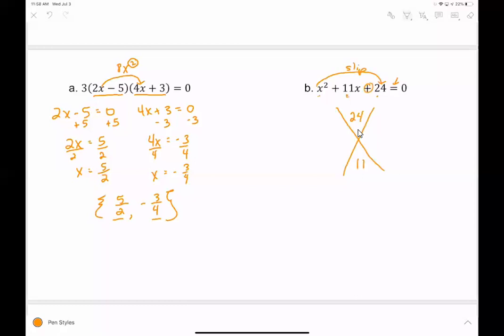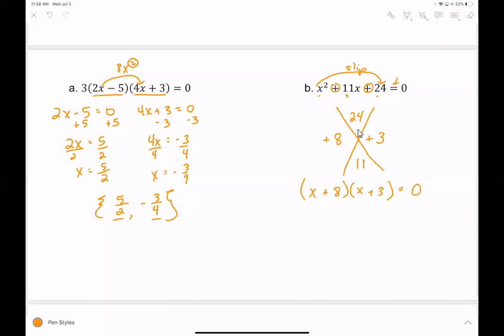Since I have a plus and a plus, I know both of my numbers are going to be positive. So what will multiply to 24 and add to 11? Well, that's going to be 8 and 3. So now we can write out our factors. In the previous lesson on factoring trinomials, this is all we did at this point. But now it's an equation.